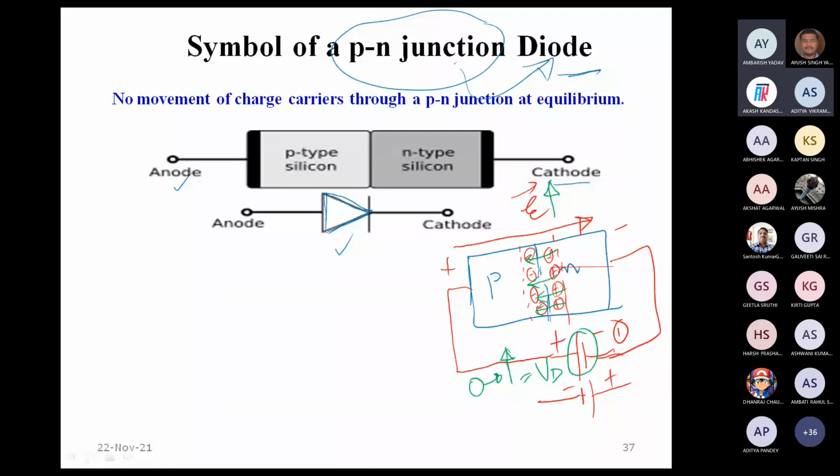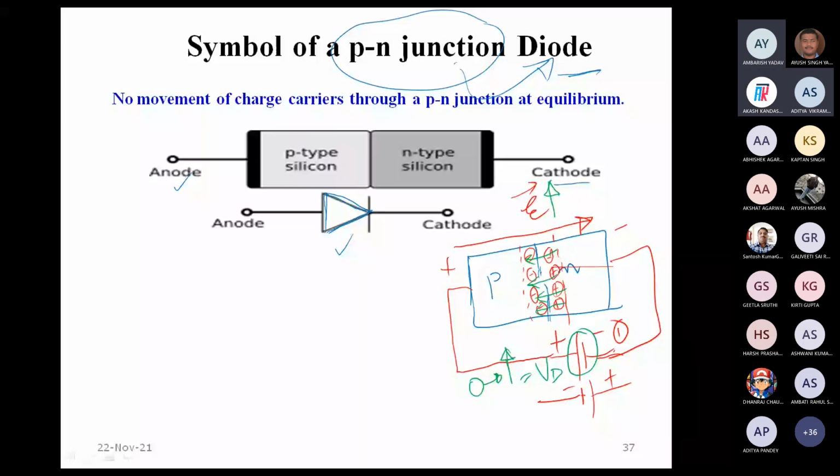In the starting, the electric field due to the external voltage may be smaller. As we increase VD, the electric field strength will increase, and at some point it will be just equal to, and after that greater than, the internal electric field.